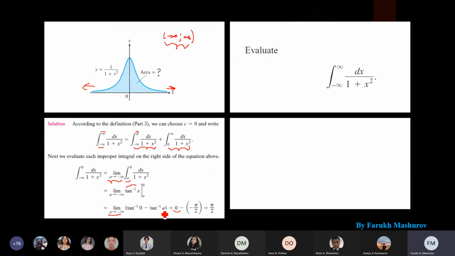So what will be the limit of arctangent a when a approaches minus infinity? How do we determine that it is equal to minus pi over 2, guys? Do you know what the graph of arctangent is, guys? Do you know what the graph of tangent is?